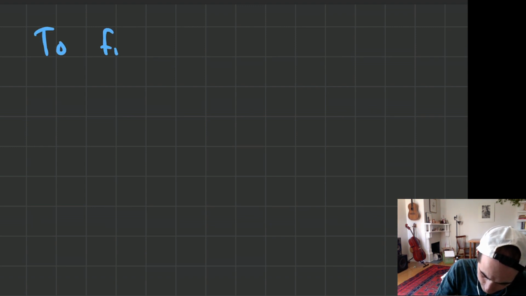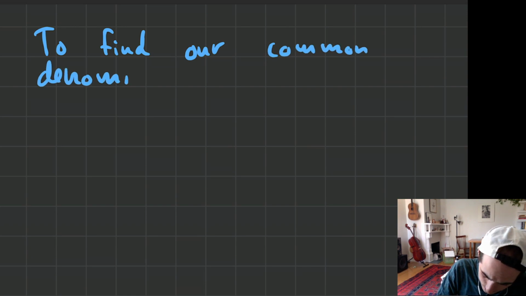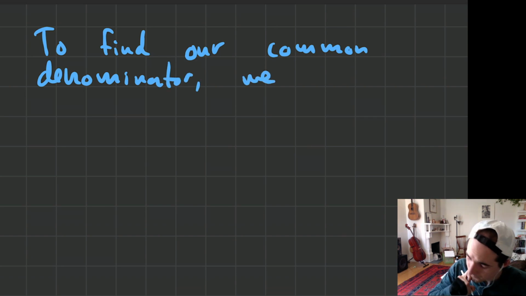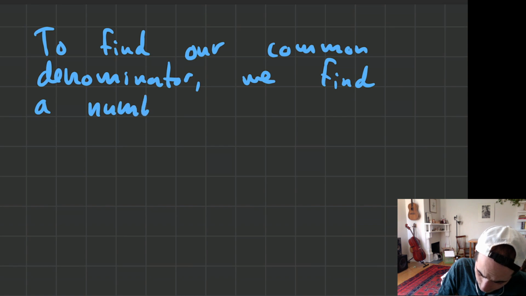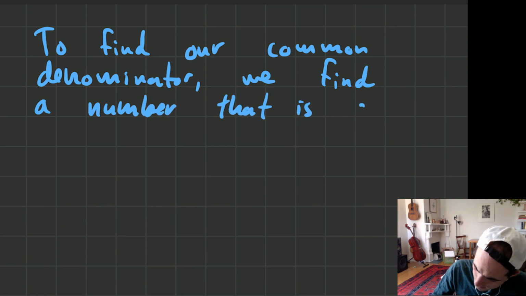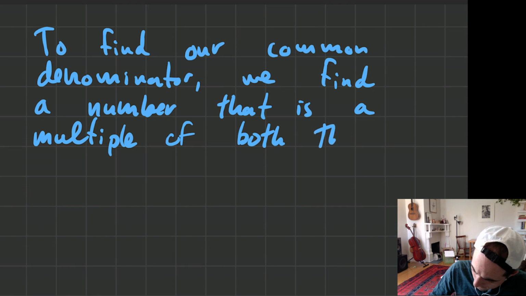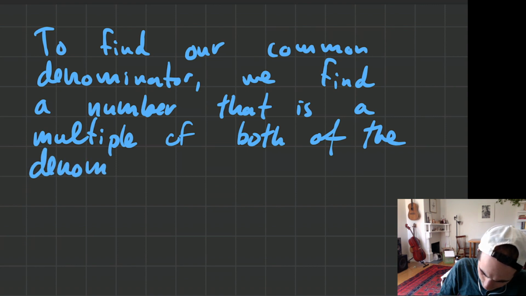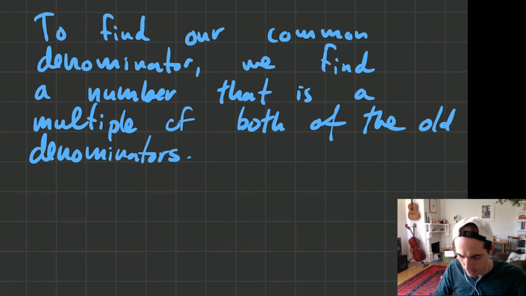So to find our common denominator, we find a number that is a multiple of both of the old denominators.